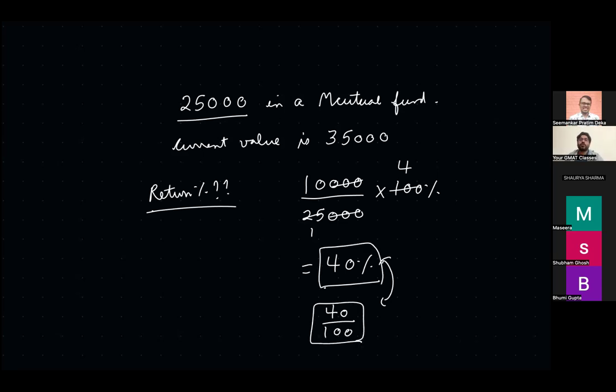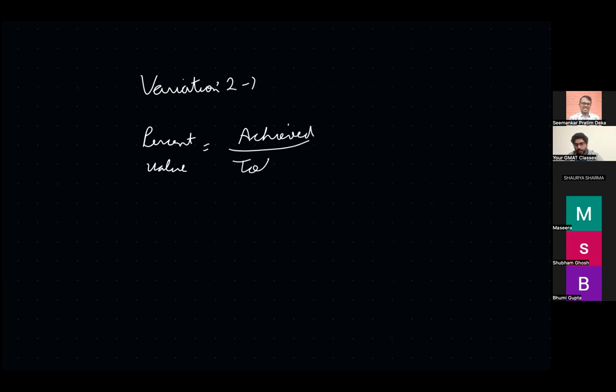Cool. What's the second variation of the formula? So the second variation of the formula, variation 2, is percent value equals achieved upon total into 100%. Where do we use this? We use this when you have target questions or academic questions.